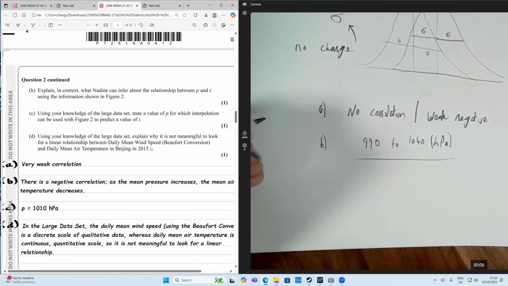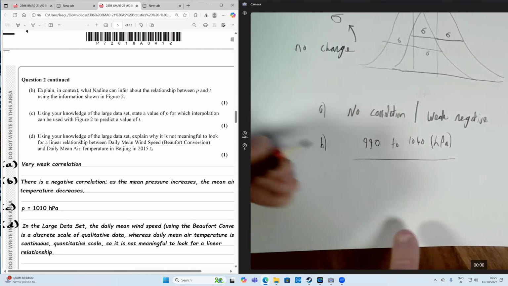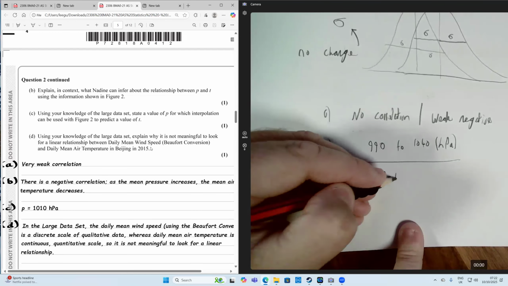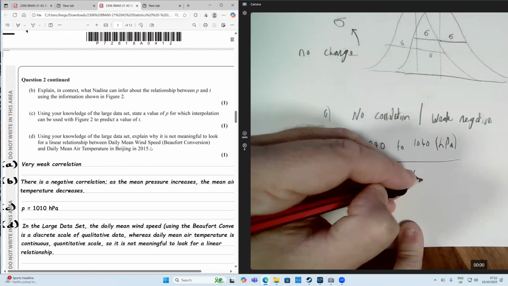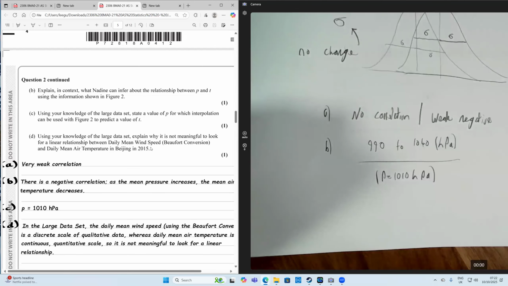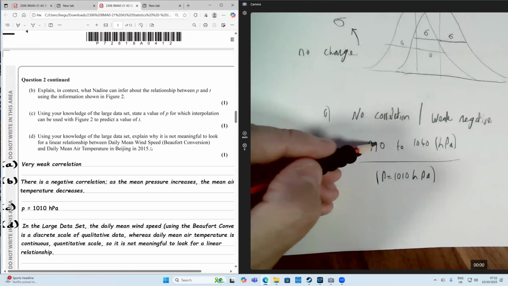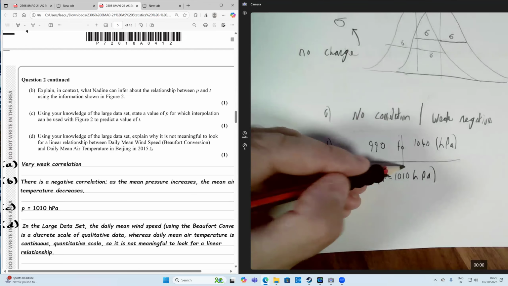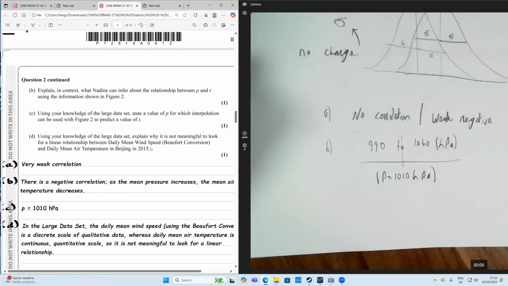So really, if you put any value in there, it would be appropriate. And we can see that we've put here 1010 hectopascals, but they'll accept anything in between 990 and 1040. But because that's the range of values, you want to go somewhere in the middle of that. But again, that's just purely a knowledge recall from the large data set.